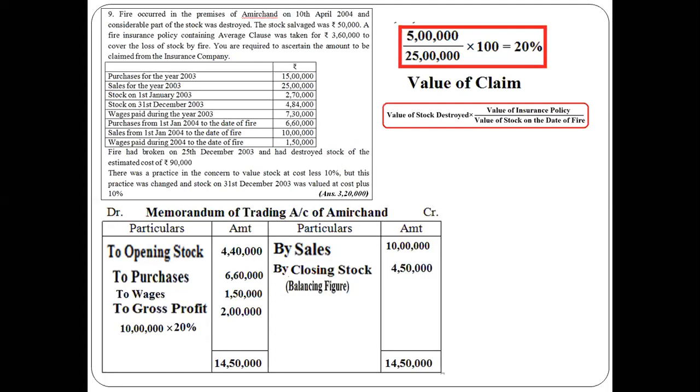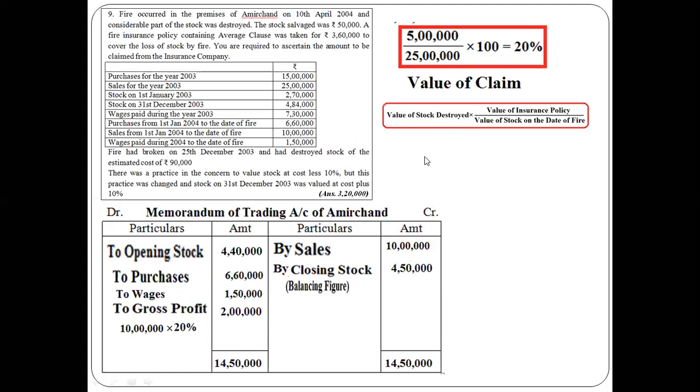So in order to calculate this, what are the items we require? We require primarily the value of insurance policy. This is directly given in the question, amounting to 3,60,000. Then the value of stock on the date of fire, which we just calculated through the memorandum, is 4,50,000.